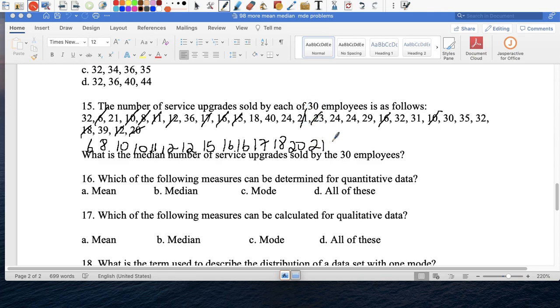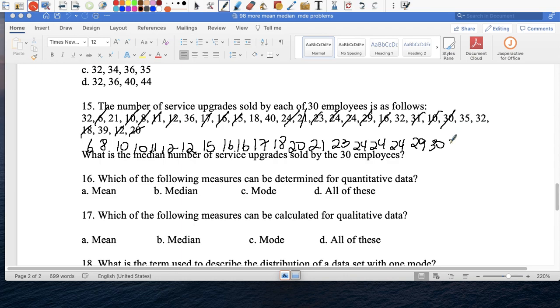There's a 23. There's two 24s. Two 24s, I see it. Three 24s, I'm sorry. Two 24s, a 29 over here. A 30.